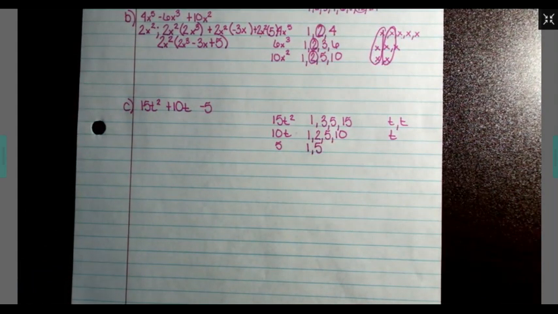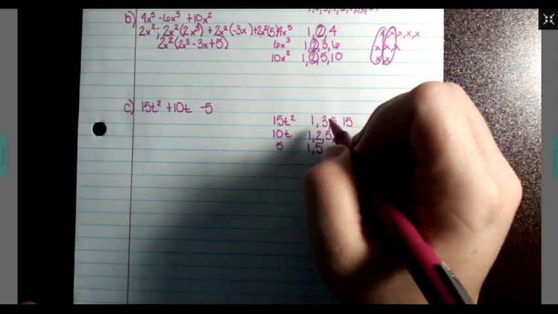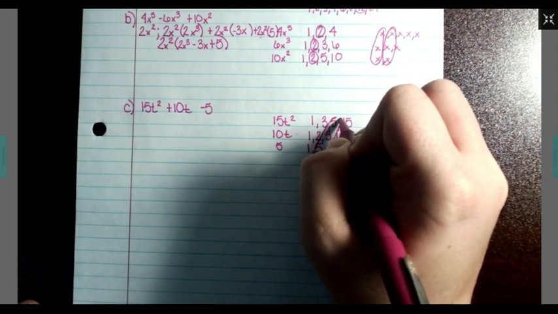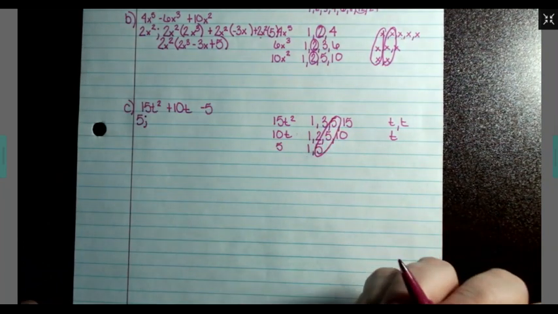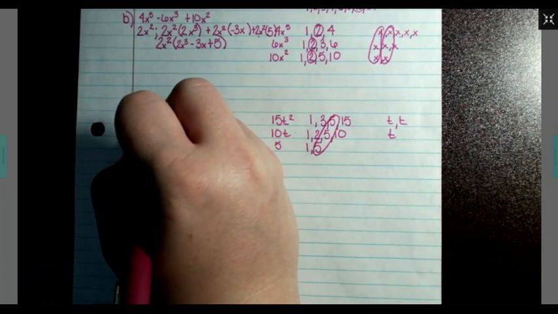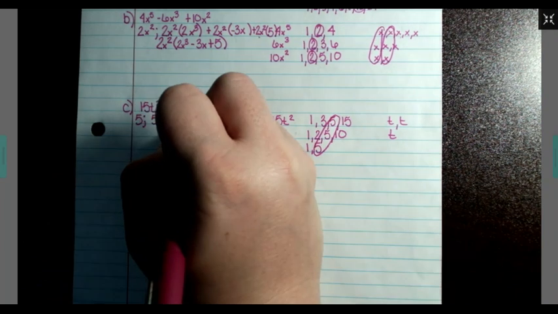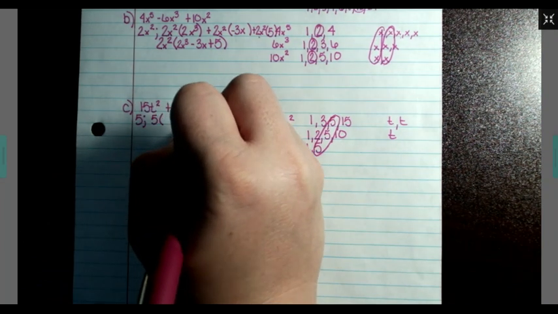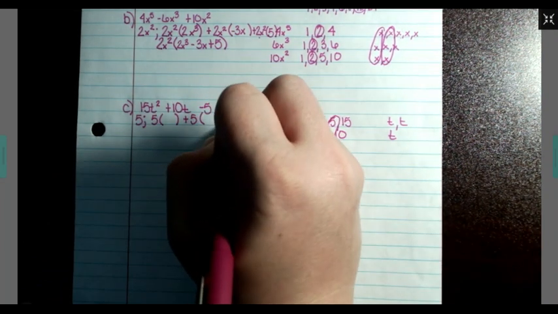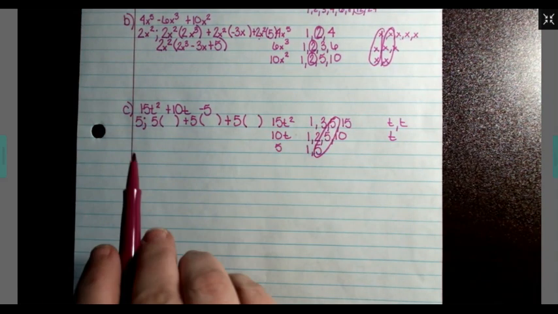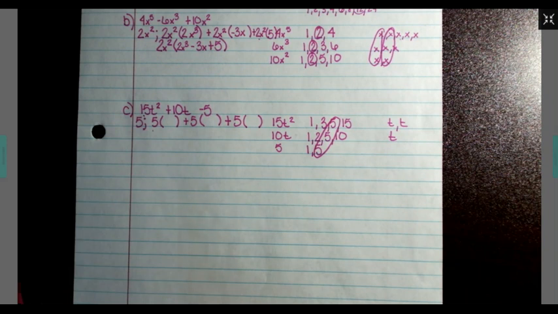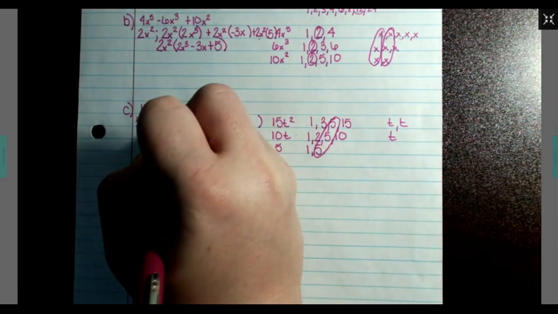What's the greatest number that they all have in common? It would indeed be this 5. So my GCF is 5. So we're going to do 5 times something plus 5 times something plus 5 times something. 5 times what gives me 15? 3.